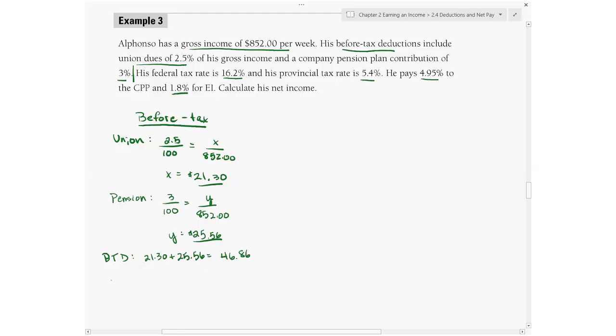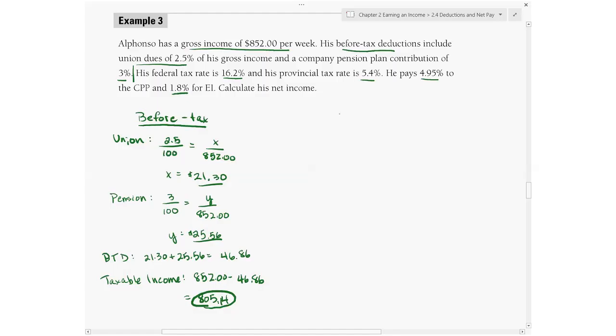And so his taxable income is the 852 minus the before tax deductions of 46.86. So 852 minus 46.86, and he's at 805.14. That's his taxable income. So now we're going to use this new number, the 805.14, to calculate his tax deductions.